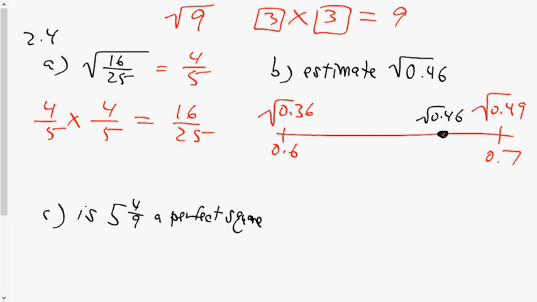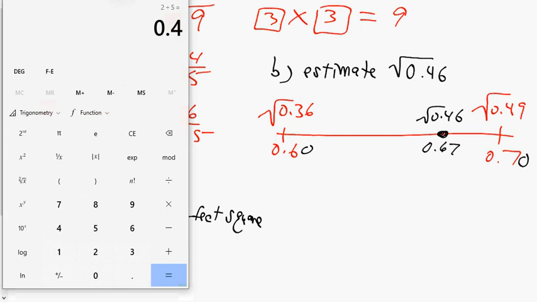And since I know the square root of 0.36 is 0.6 and the square root of 0.49 is 0.7, I'm going to put a 0 here and a 0 here just to help me think. I'm going to say the square root of that is roughly 0.67. Maybe. I have no idea. I'm going to grab my calculator to see how much of a genius I am. 0.46, I'm going to hit my square root button, which is this one right here.